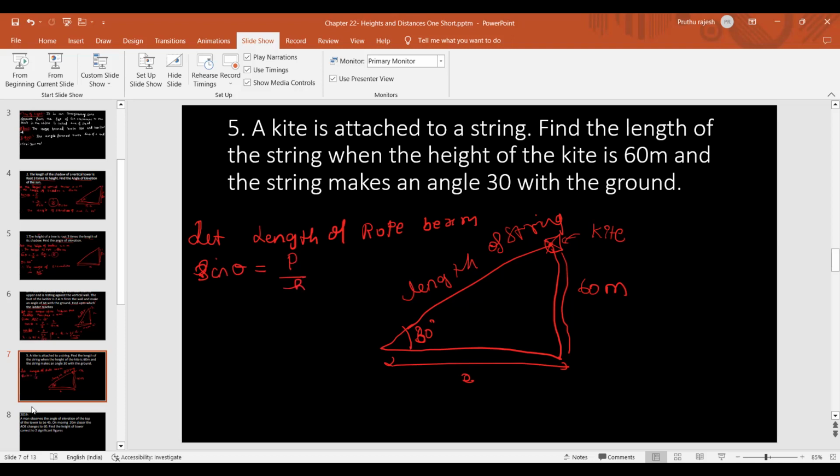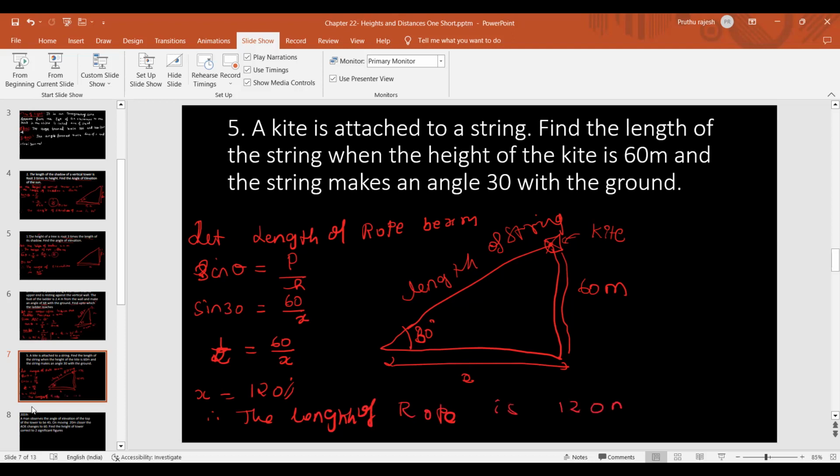So we get sine 30 equal to 60 by x. Sine 30 is 1 by 2, equal to 60 by x. Just cross multiply and you will get x equal to 120, which is the answer. Therefore, the length of the rope is 120 meters. I hope you have understood how to solve problems like this.